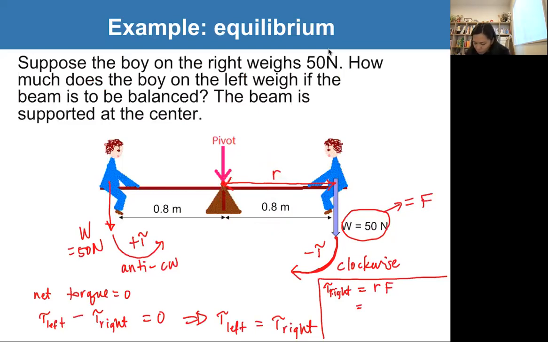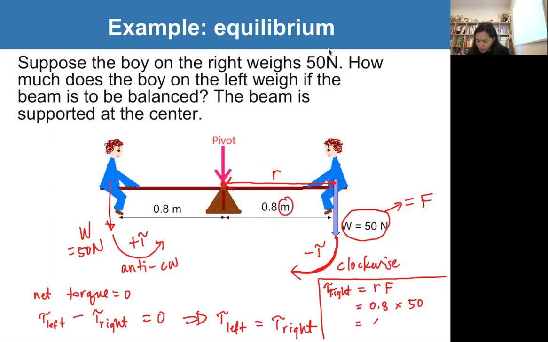So when we find the torque, it's 0.8 meters times the force, which is 50 newtons. Remember, your moment arm should be in meters. It's already given in meters, so we don't have to convert anything.